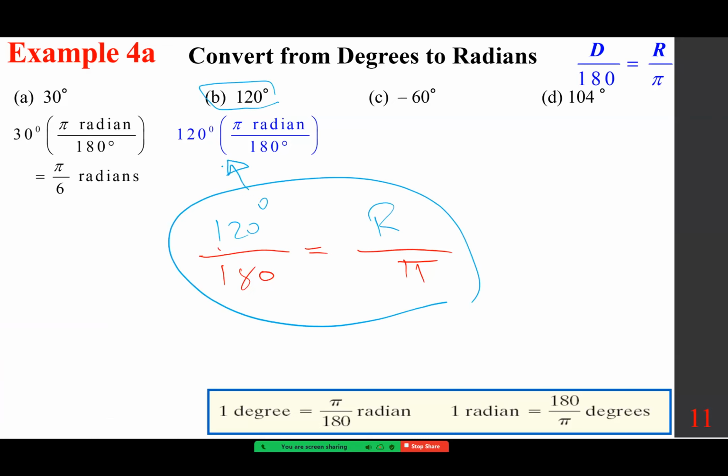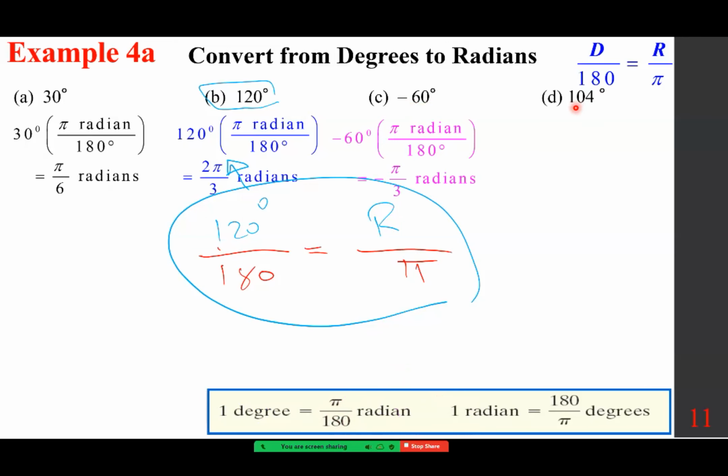Okay? Cross product will give you that. For this one, again, go with the same thing. You can replace the 120 with minus 60. Cross product will do that, or just multiply this by pi over 180. So this becomes 2 pi over 3. This becomes obviously, remember, 60 degrees is pi over 3. So this is negative pi over 3.